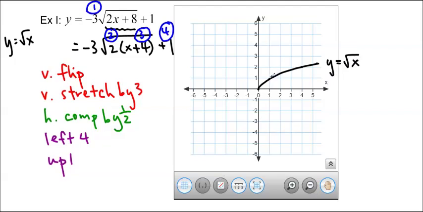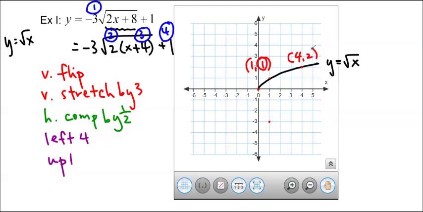So remember that when you do vertical, you're only worrying about the vertical. You're going to leave the x values alone. So this is 1, 1. And I'm going to take this 1 over here, and I'm going to multiply it by negative 3, and that's going to give me my new y value. So 0, 0 stays where it is, and I'm going to get 1 and then 1 times negative 3, which is negative 3. So 1 at negative 3 right here. And this is 4, 2.